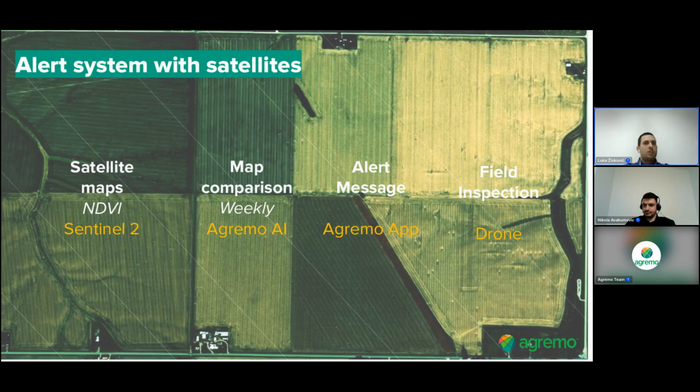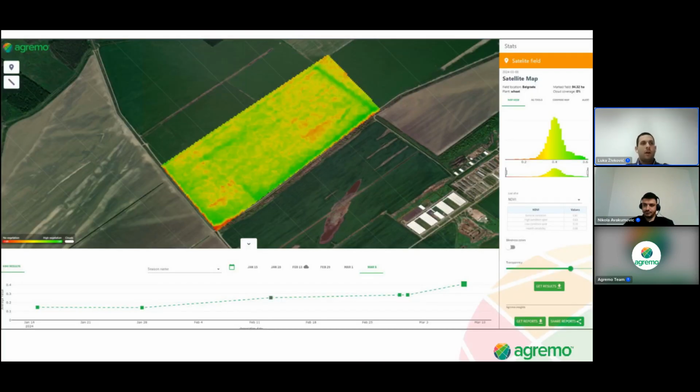Let me show you how this will look on the app. You will have the satellite imagery, and this histogram displays the NDVI values and how it grows throughout the season. If in this histogram you see a drop, the system will automatically alert that there is a problem on the field.